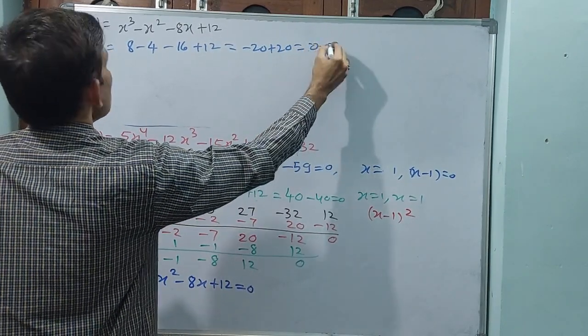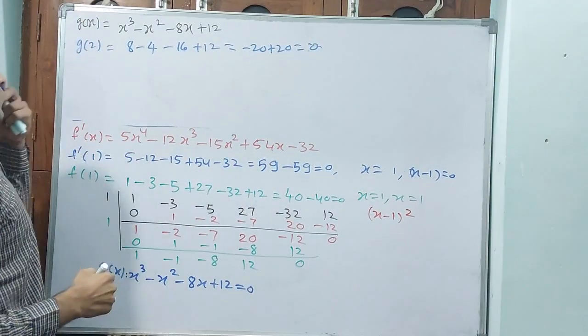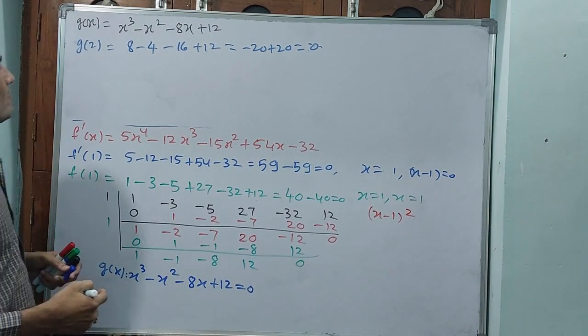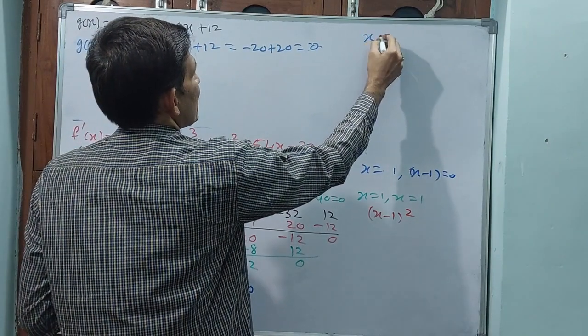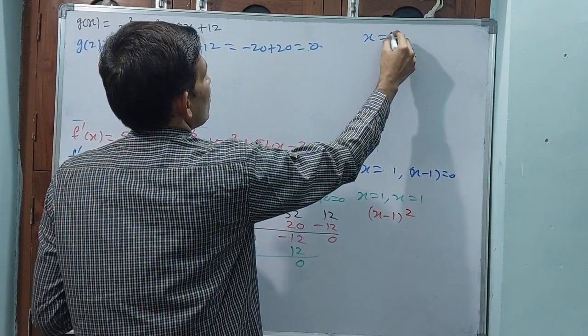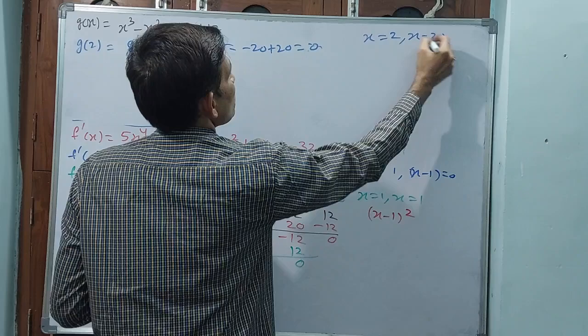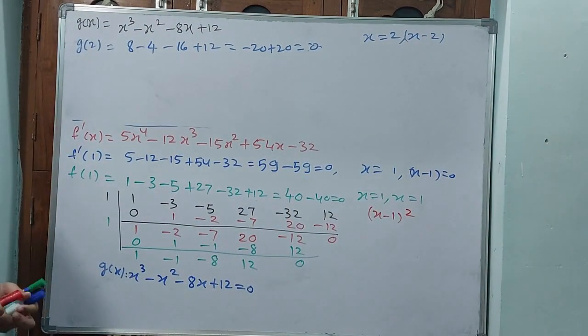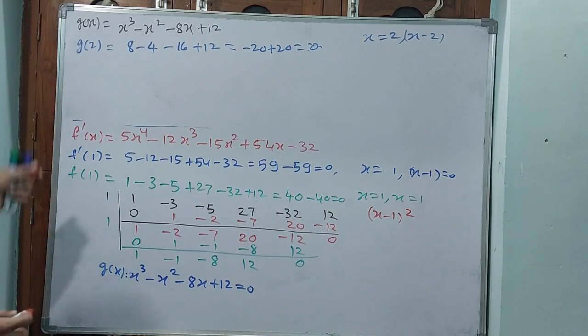That means 2 is one root, so x minus 2 is a factor. Now you divide with x minus 2. One more root will come.